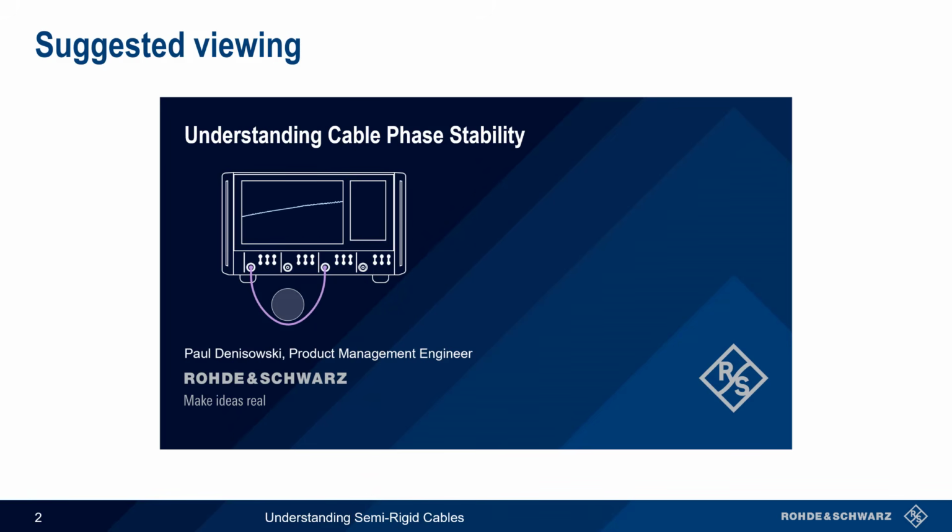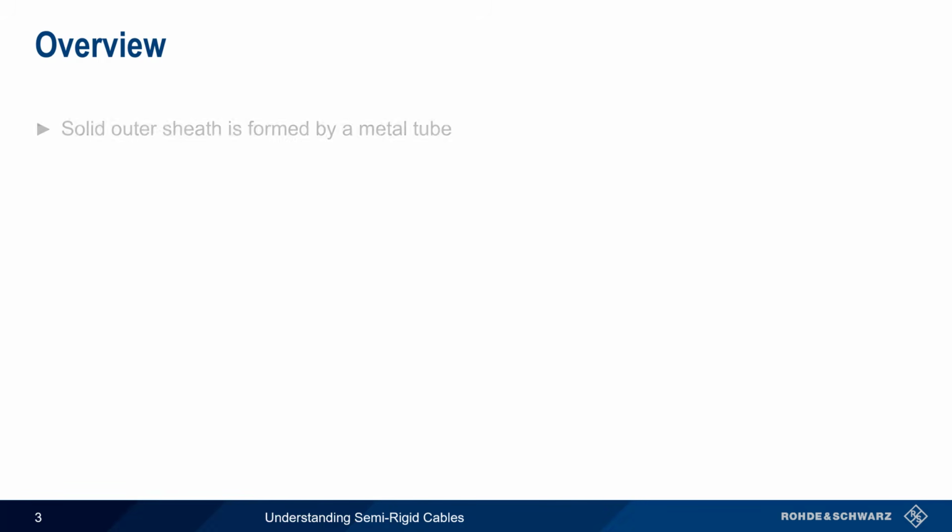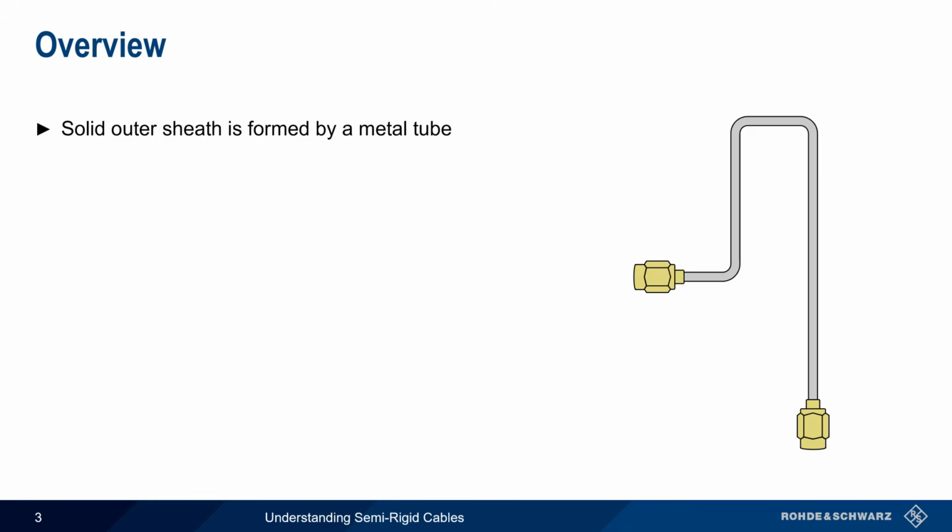One of the greatest advantages of semi-rigid cables is their phase stability. So please see the separate presentation, Understanding Cable Phase Stability, if you're interested in learning more about this aspect of semi-rigid cables. As the name implies, a semi-rigid cable is more rigid than a conventional coaxial cable, in part because the outer sheath or shield is formed by a metal tube.